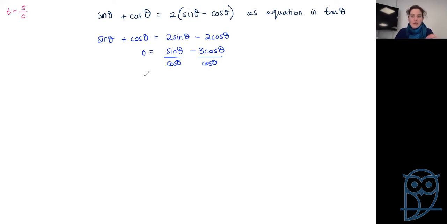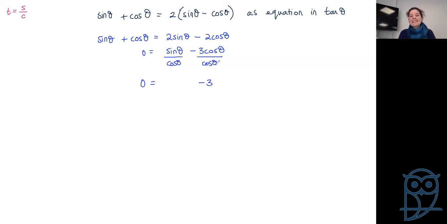Now, the question that comes up here is, how can I divide by cos theta? Because it's like dividing by an x, isn't it? And I can't divide by an x. The thing here is that when you're dividing by cos theta, it's not disappearing. You're going to get 0 equals, and you're going to get a minus 3, because cos theta over cos theta is 1.